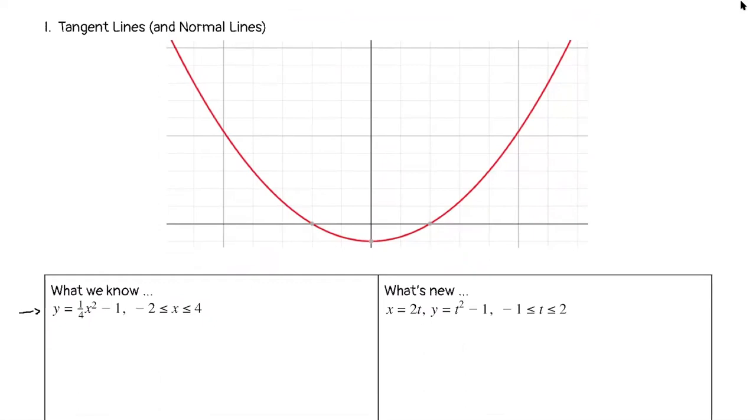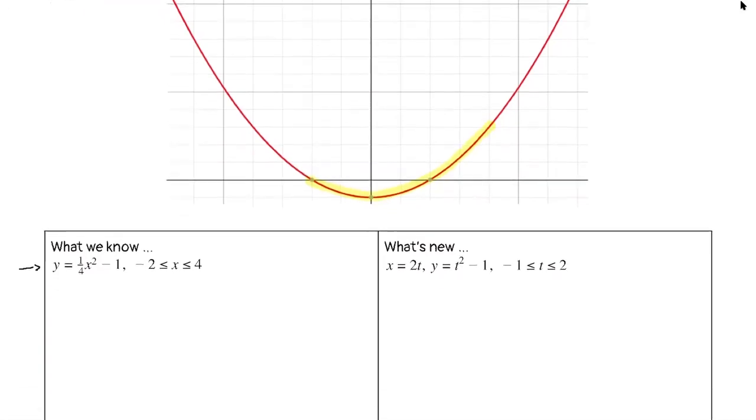So if I'm graphing it from -2 to 4 of the x-axis, that means that I don't want the whole picture that's here. I really just want a certain chunk of that. So I'm really looking at from -2 all the way to 4. So I'm just looking at that particular section of it, okay?